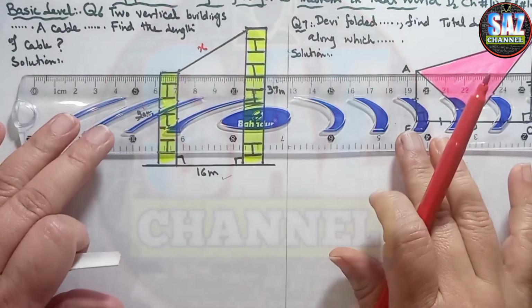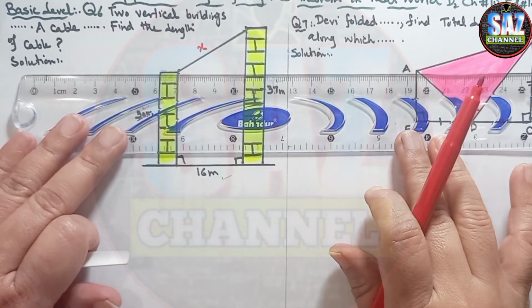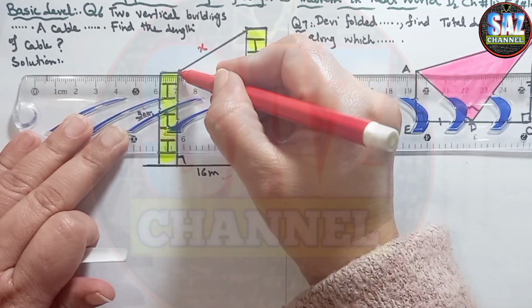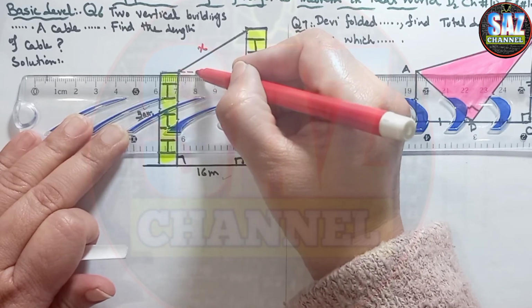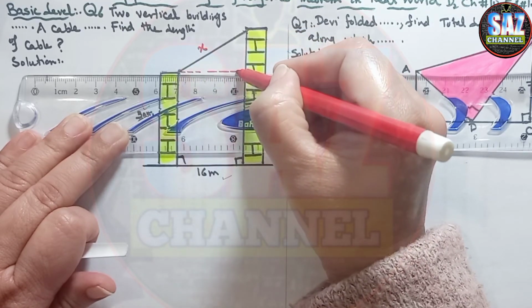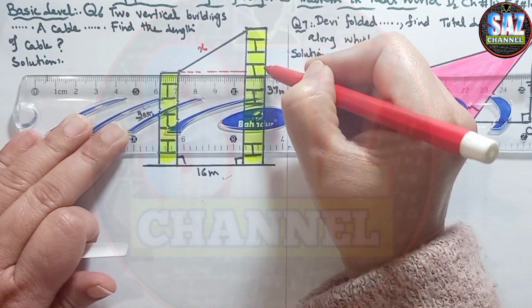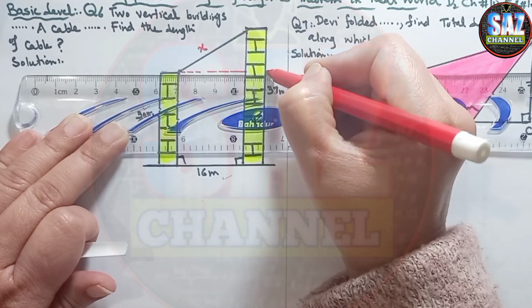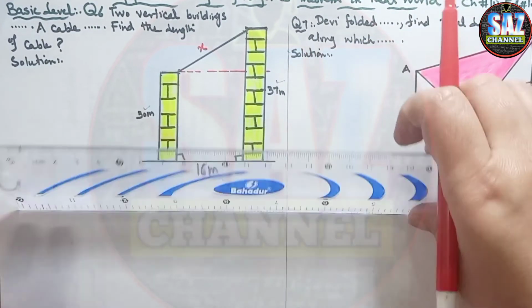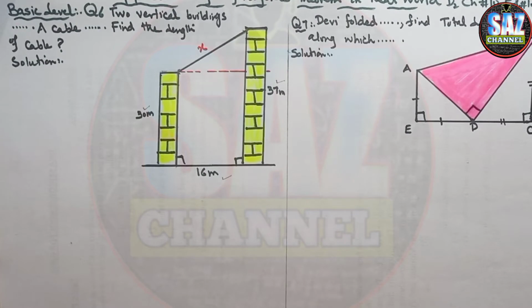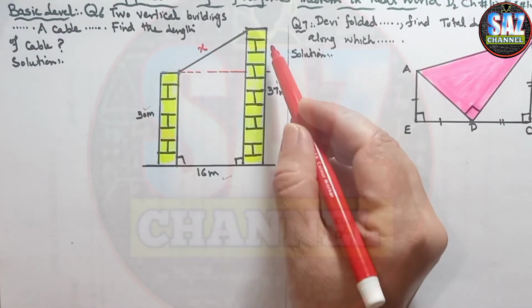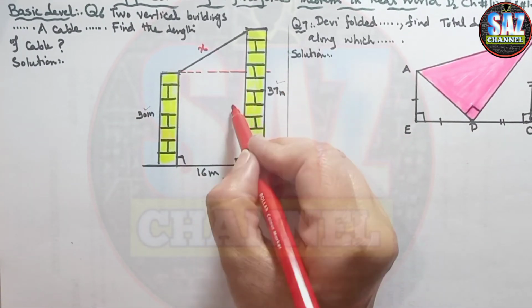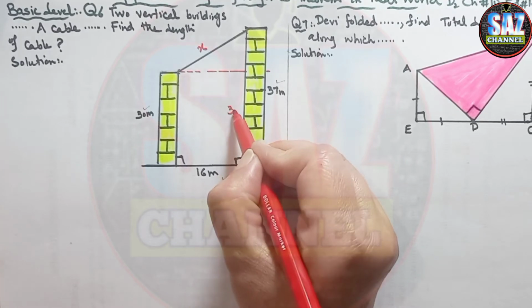Okay, in geometry, if you want to make further constructions and further drawings, you can make it. So I'm drawing a line from this point to this point. At this point till this point, the height of both the buildings will be same, and which is 30 meters. It means that out of this 37 meters, 30 has been consumed over here.